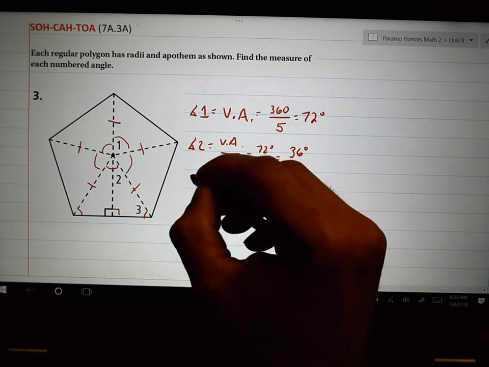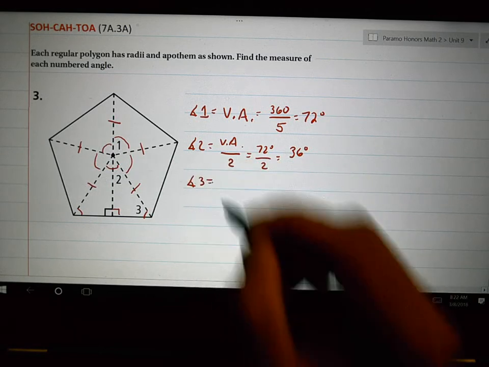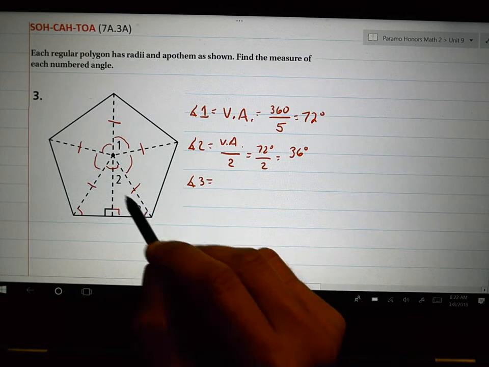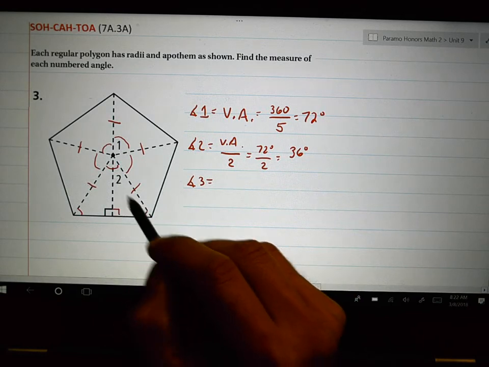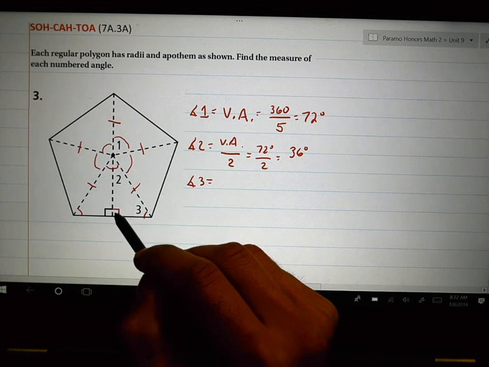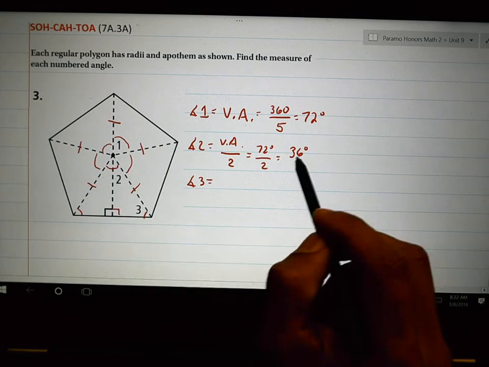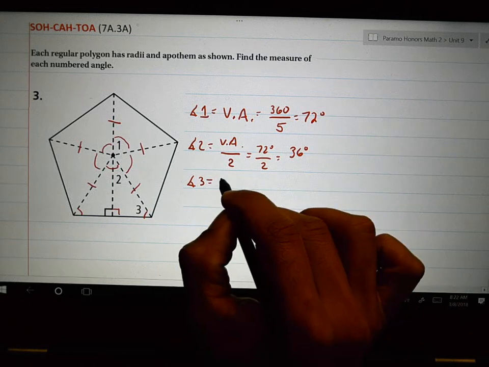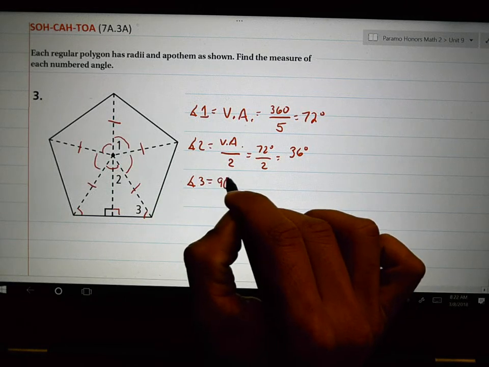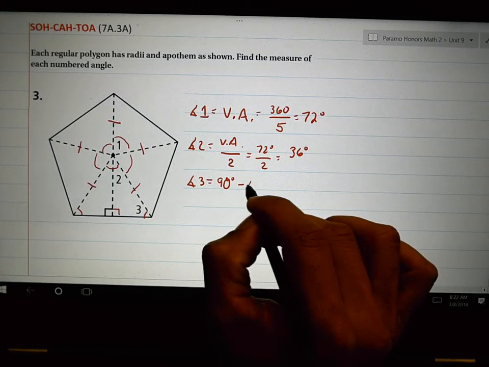And angle 3. Angle 3 is formed from this right triangle. I have a 90-degree angle. I have an angle 2. So angle 2 and angle 3 are complementary. For me, the easiest way to find angle 3 is to do 90 degrees minus whatever angle 2 is.